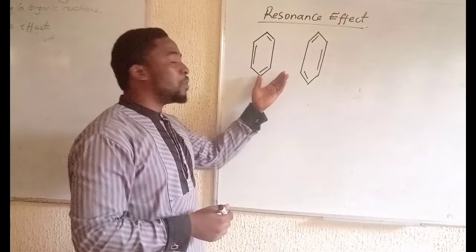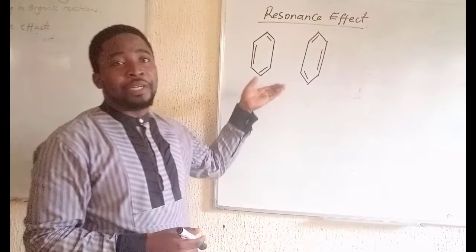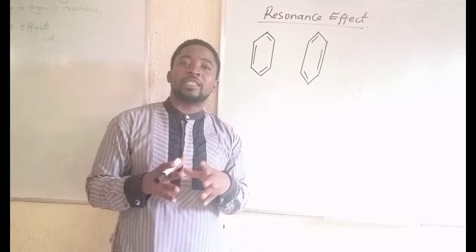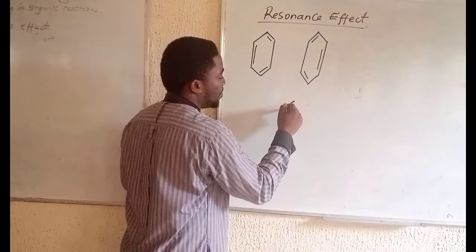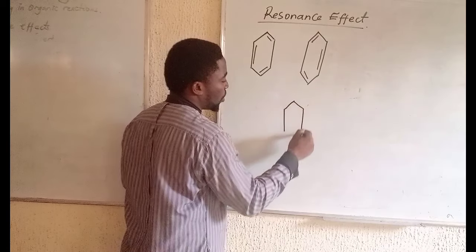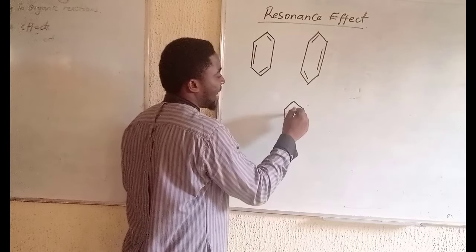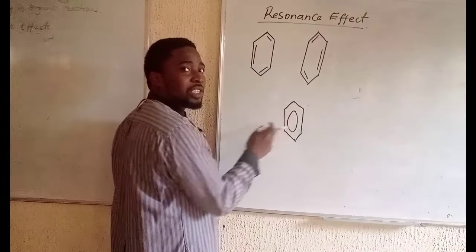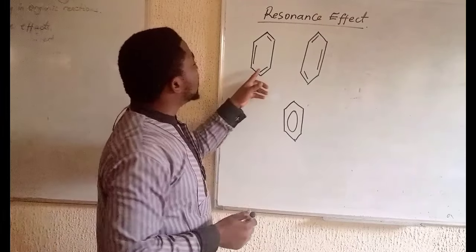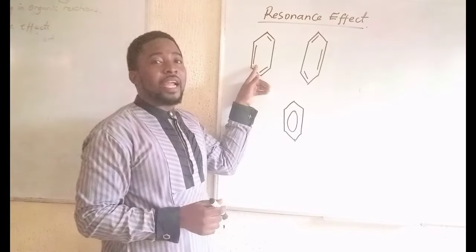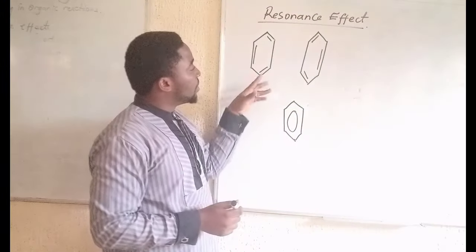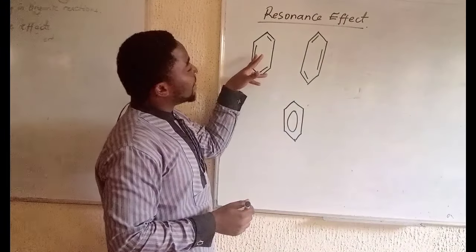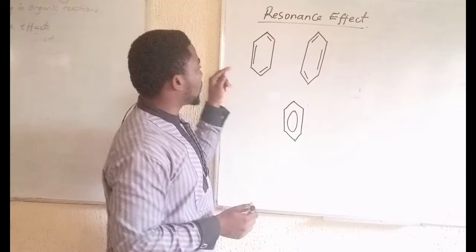From what was observed, none of these canonical structures could comprehensively give the structure of benzene, and that is why benzene is drawn with a circle inside, which shows that the movement of the pi electrons, which results in what we call resonance, can change at any time.